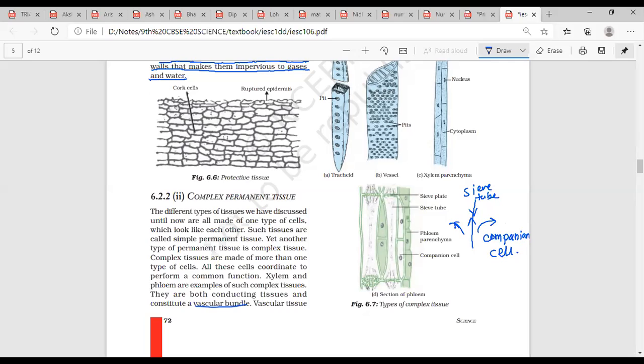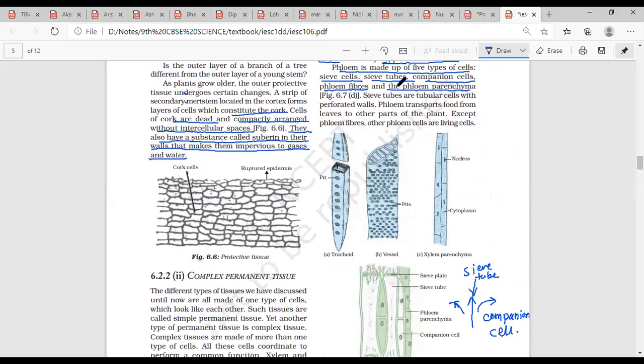So the vertical conduction of food is done with the help of sieve tubes and sieve cells, but the sideway conduction is done with the help of companion cells, the partners. Beside that, parenchyma cells are present which store food, and fibers provide mechanical support to them.